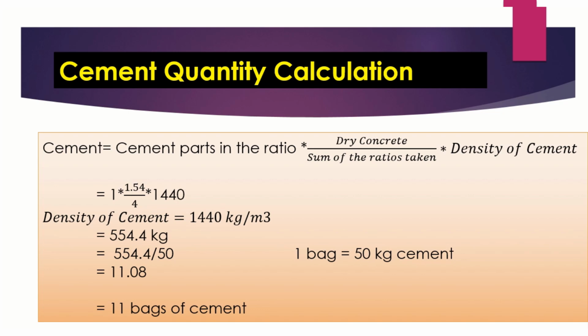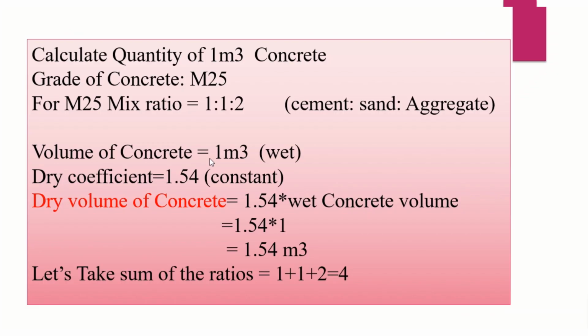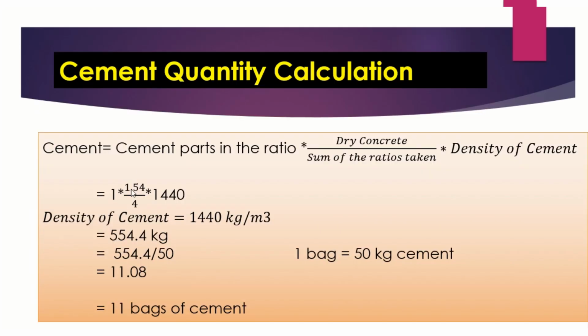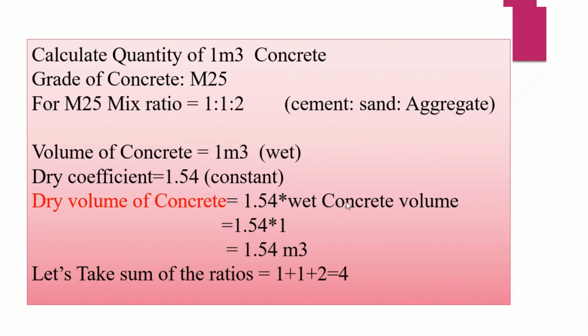For calculation of cement quantity, we need cement parts that is included in the ratio, which is 1, then dry concrete that we calculated, and the sum of the ratio, taken into density of cement. Cement parts is 1, and dry concrete is 1.54.